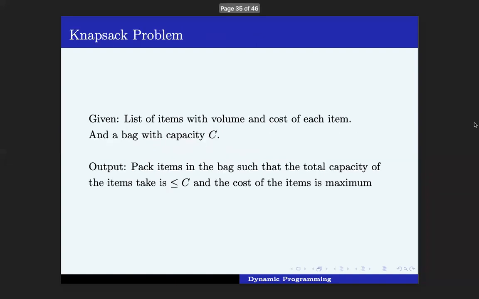Right. So let me jump into the second problem. This is called the knapsack problem. The knapsack problem basically says that you have a list of items. Each item has two parameters: one is a value and one is a cost. Think of it like you are going to your home and you want to take as many goodies as you can.